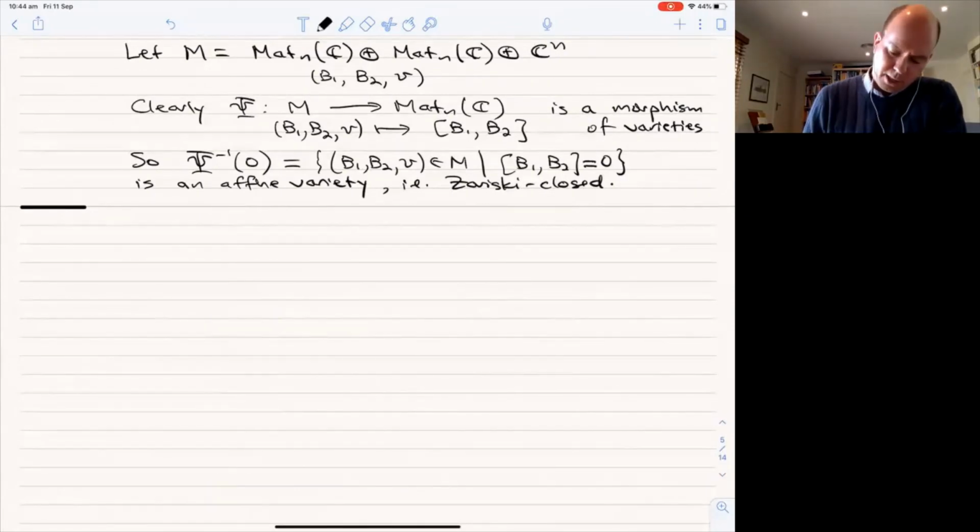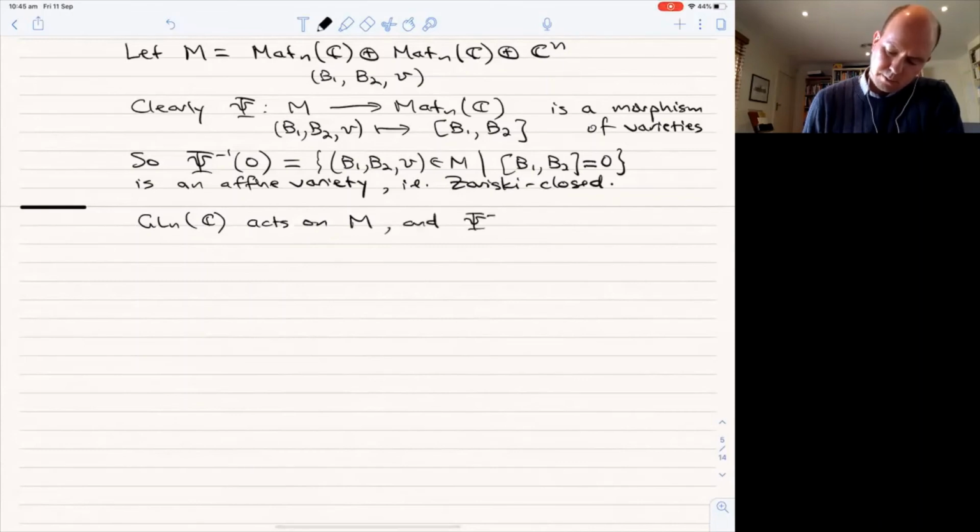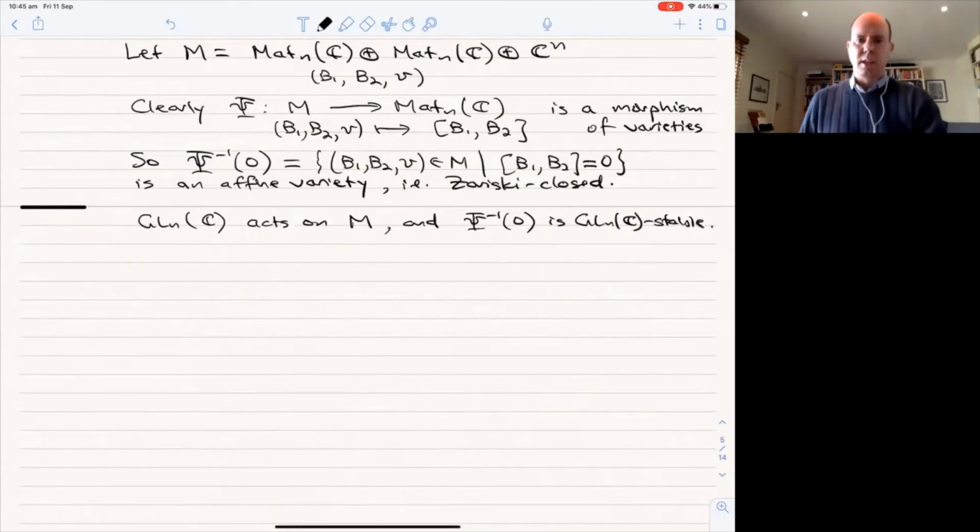Now, we've seen that GLN(C) acts on M, and this is clearly GLN(C) stable. The condition that B1 and B2 commute is left unchanged if you conjugate both B1 and B2.